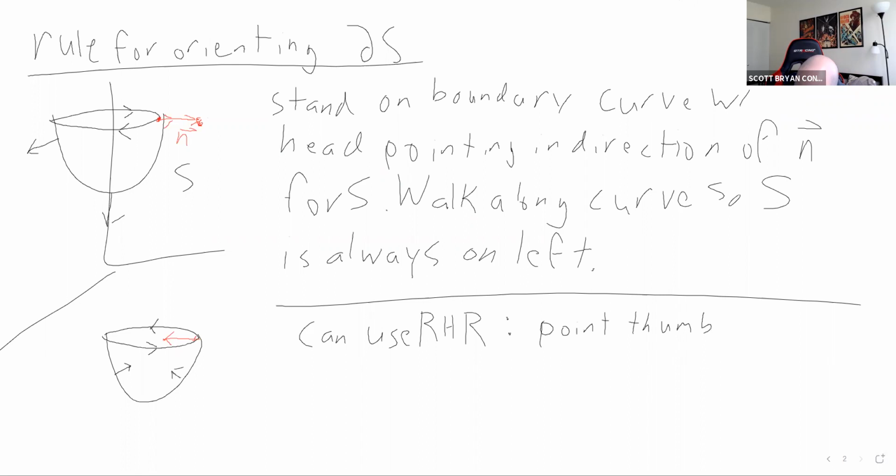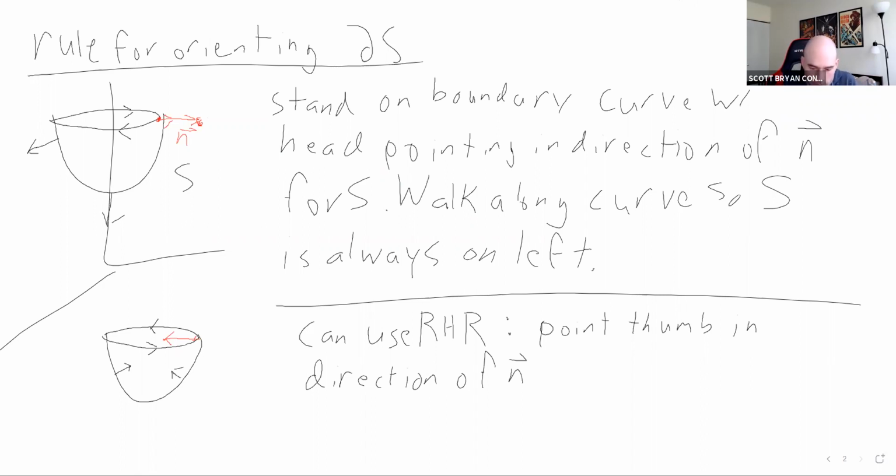You could point your thumb in the direction of your unit normal vector for S. You wouldn't be pointing it right near the point on the boundary. Just pick a point, like in the middle.